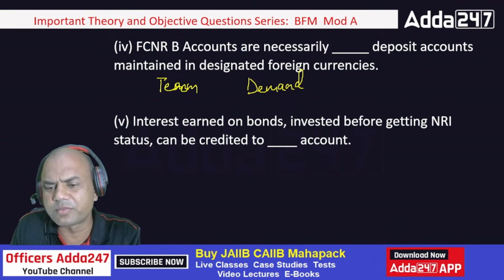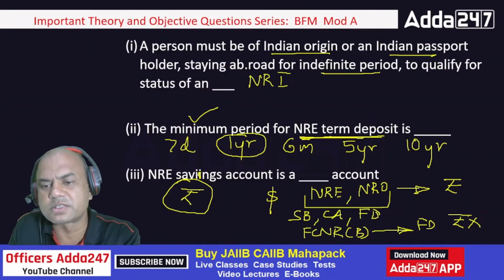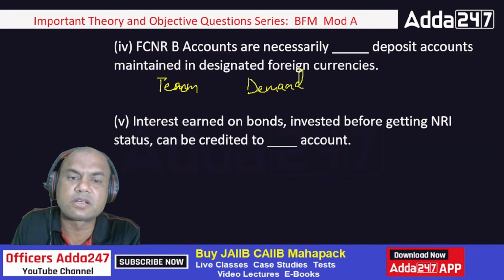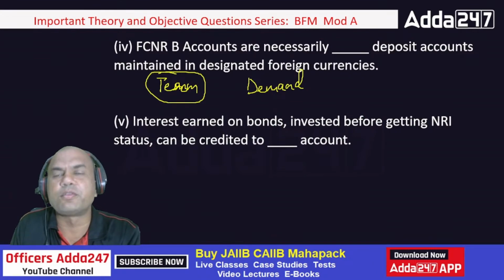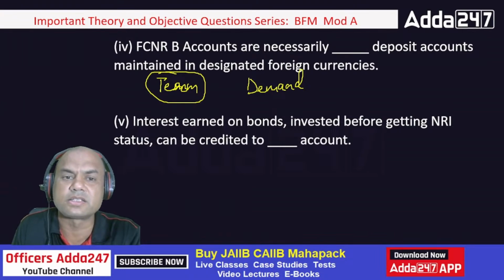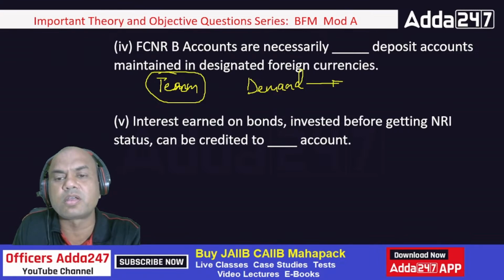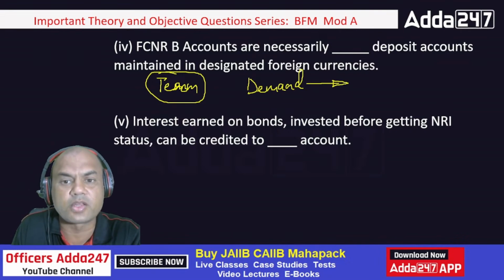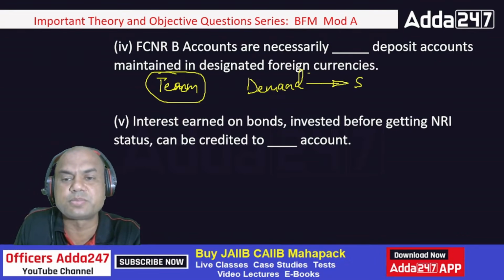Just now I gave you the option: FD. FD means what? Term deposit. FCNRB is strictly a term deposit. It can never be saving or current. Saving and current are known as demand deposits. Demand means I go, present a check and withdraw that money. That is SB, current, right?